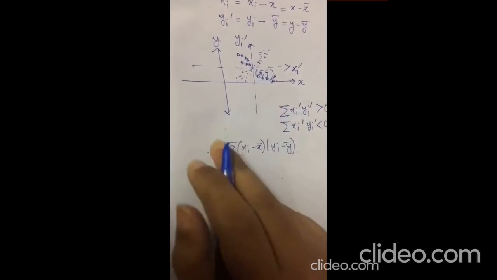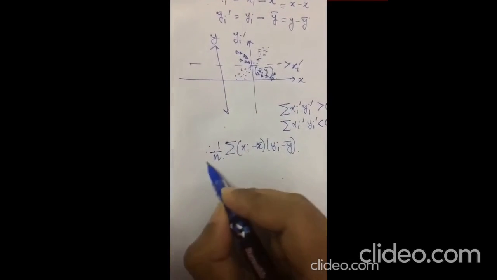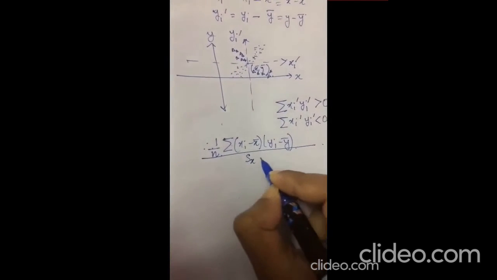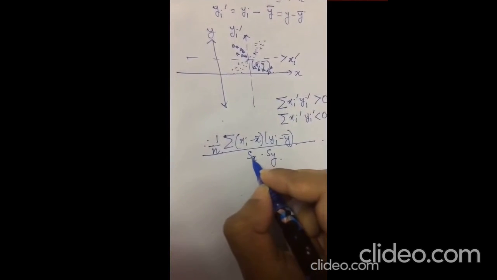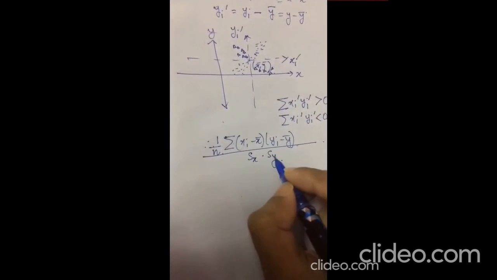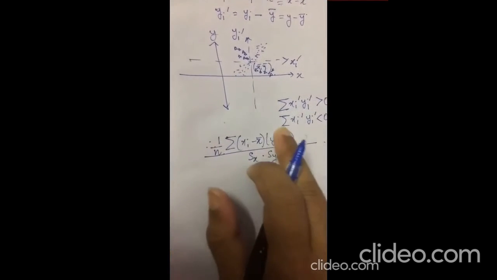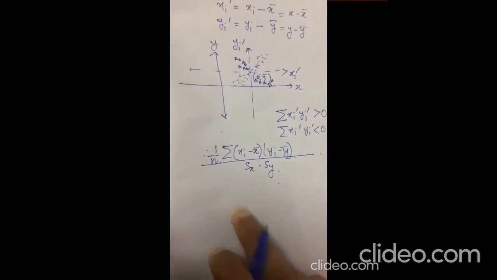So to remove these two problems, we divide this by n and divide the whole thing by the standard deviation of x multiplied by the standard deviation of y. So basically sx is the root of variance x, and sy is the root of variance y, and the numerator is the covariance of x and y. So we get the formula as we discussed before.